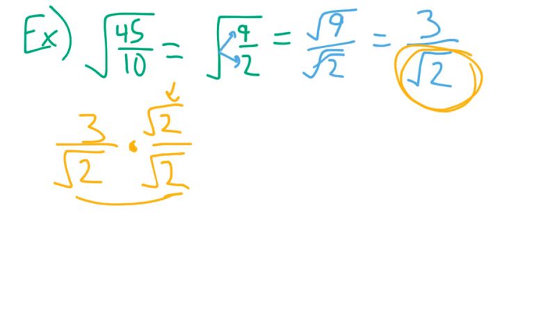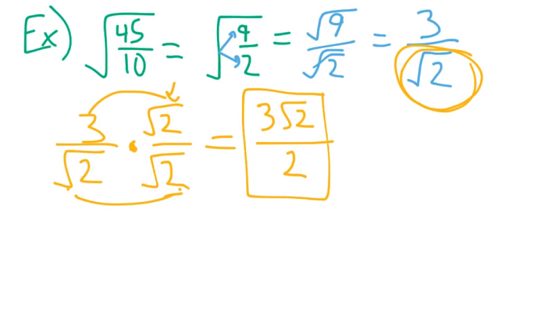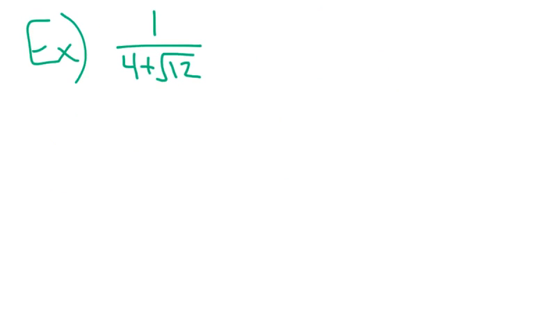And so now we multiply these together, and in the top, we'll get 3 root 2, and on the bottom, we're left with just 2, because the square root of 2 times the square root of 2 is just 2. And so that's kind of a key idea with radicals: when you multiply two of the same thing, you keep what's under the radical without the square root though.